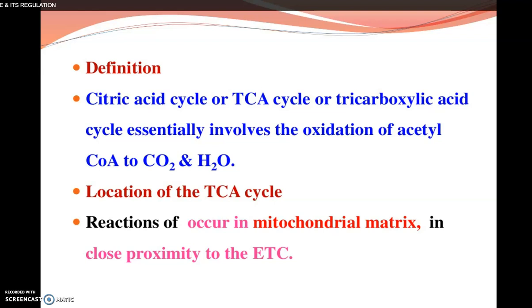So this TCA or Krebs cycle occurs in the mitochondrial matrix, very close to the ETC, the electron transport chain. Just recall those things which we did in class. What is ETC, where it was happening. So it is happening very close to the electron transport chain.